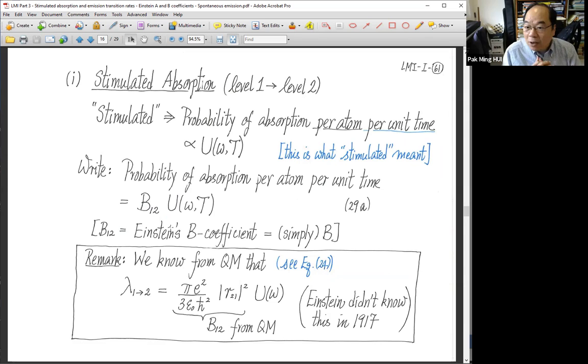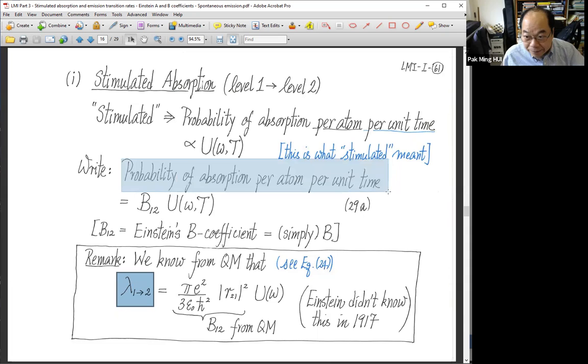Now, let's make the connection. Using our quantum mechanics, we have derived the transition rate. So this is exactly this. Per unit time is a rate. We only work on one atom. So this is exactly what we have.